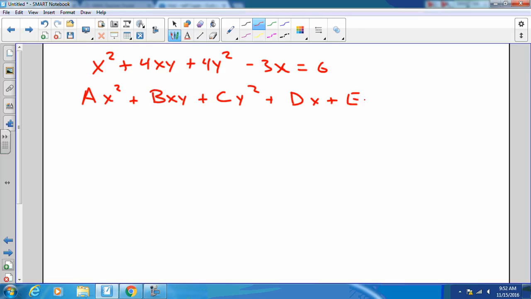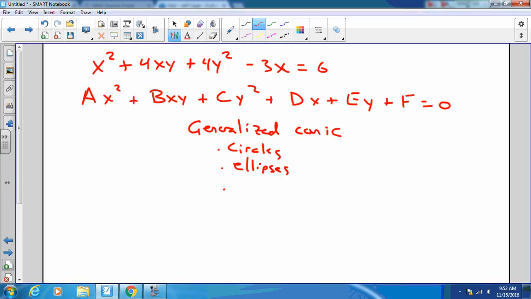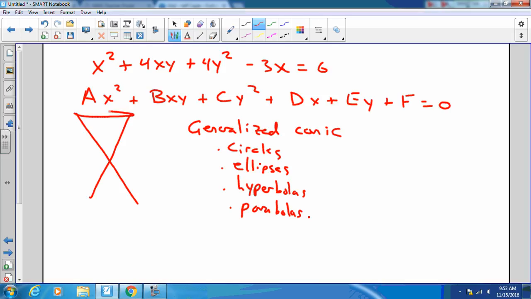So if we have this, this is a generalized conic section, and it includes circles, ellipses, hyperbolas, and parabolas.